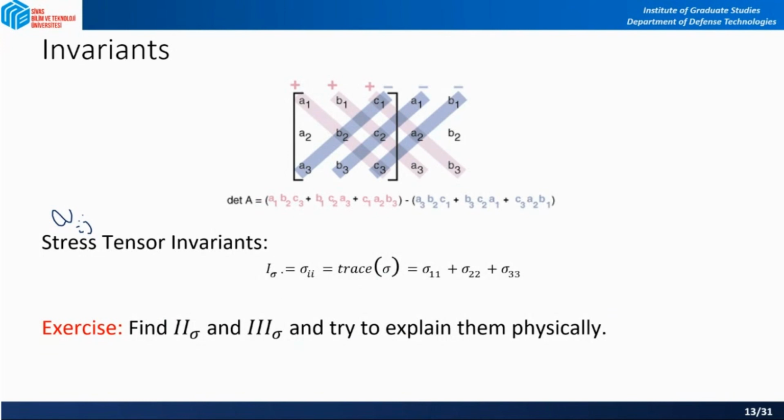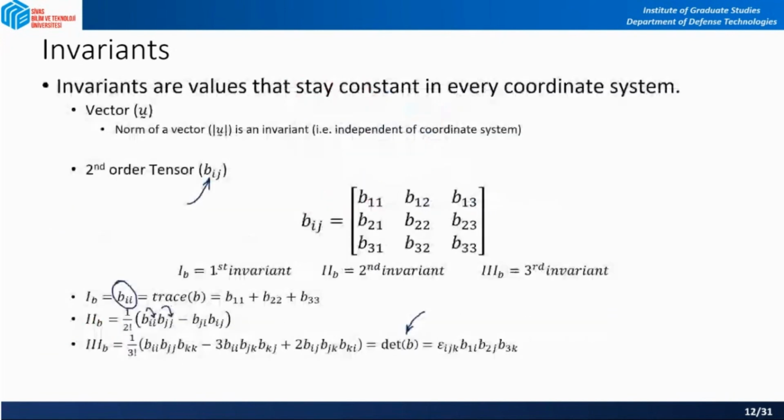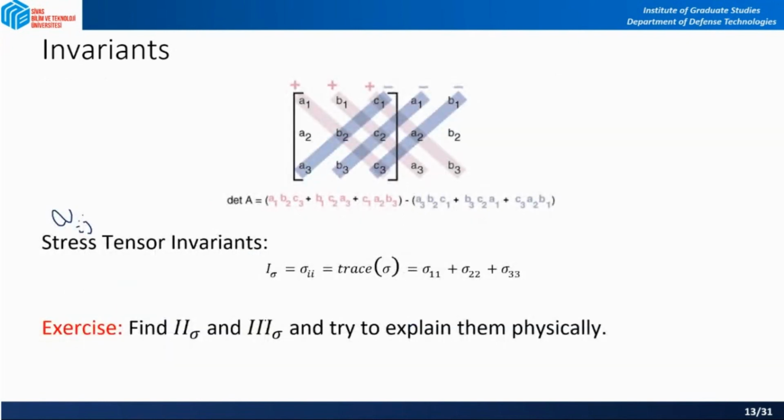The first one is the trace of this stress tensor. The second one and third one, you will first find their formulas with these two definitions, and then try to relate them to some actual physical thing. As we said, these invariants should be the same in every coordinate system. They are not changing in coordinate systems.